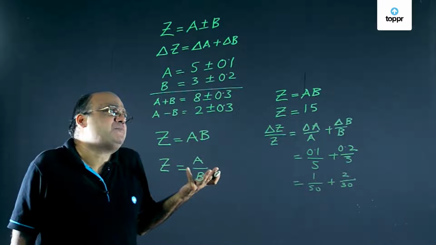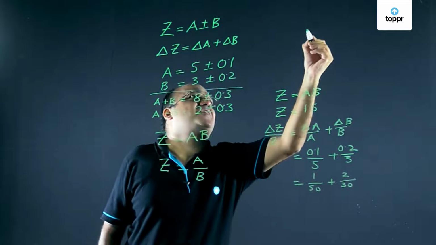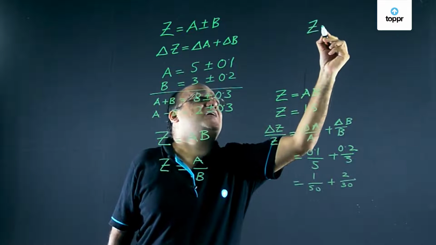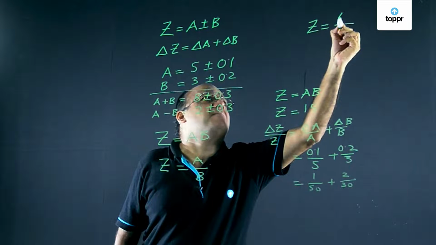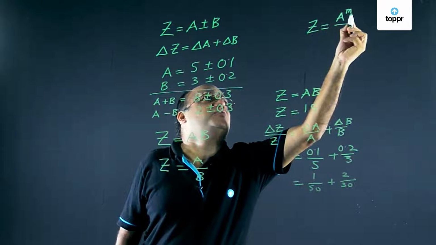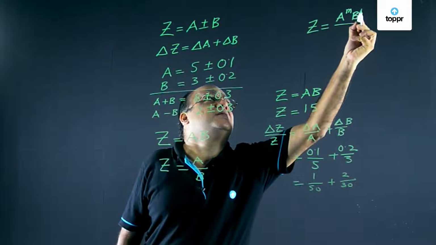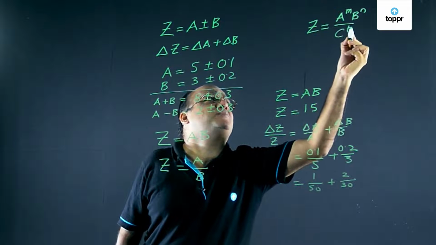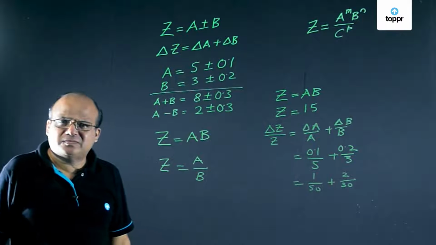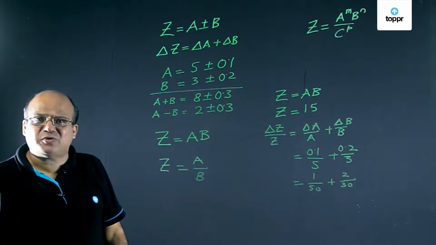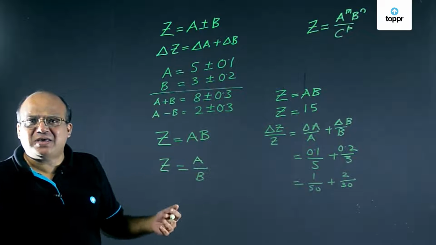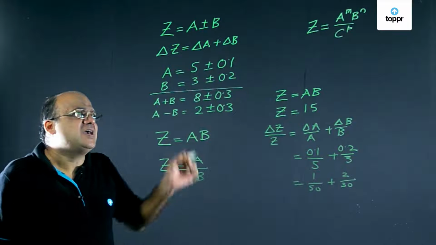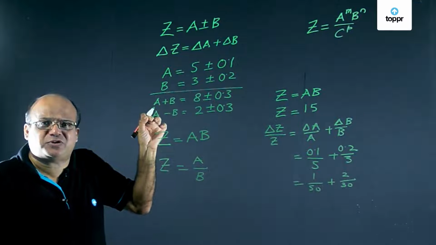What happens when we have a power? Suppose Z is equal to A to the power M, B to the power N by C to the power P. So what will be the error in Z if you know the errors in A, B and C? The power becomes the coefficient.